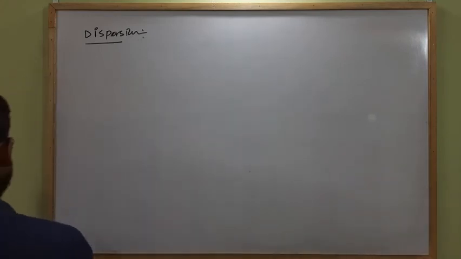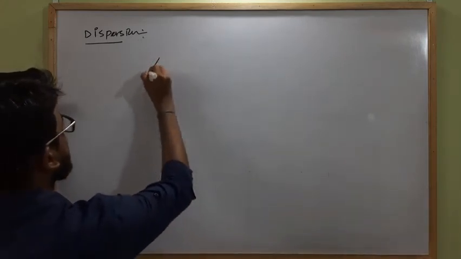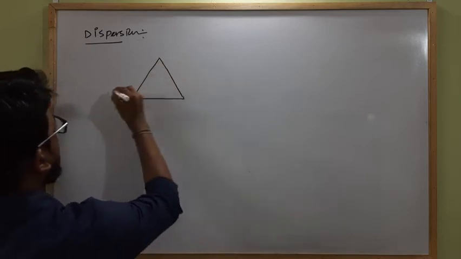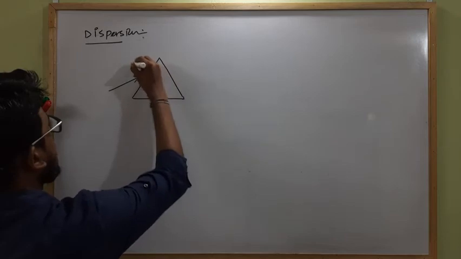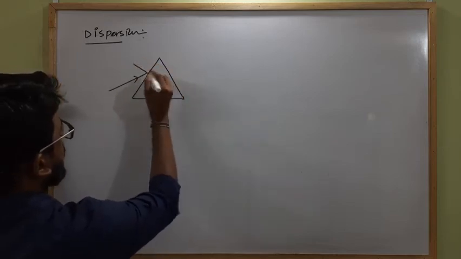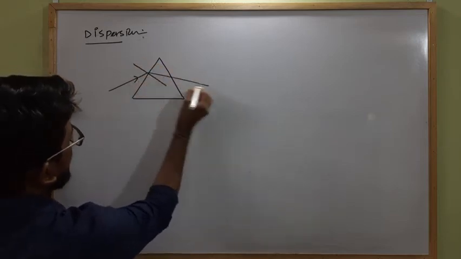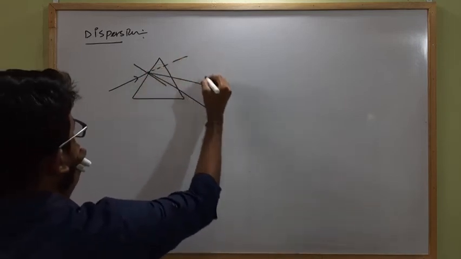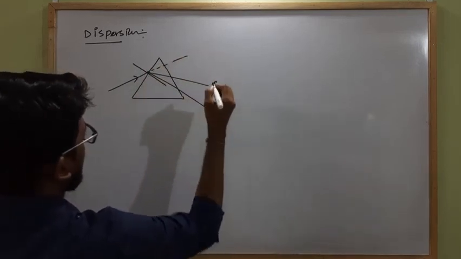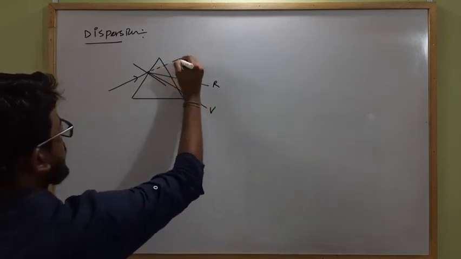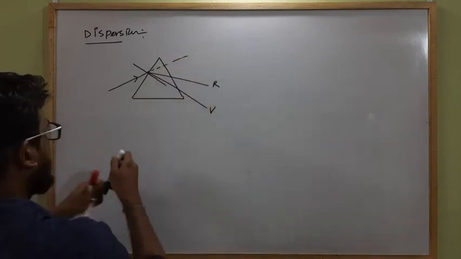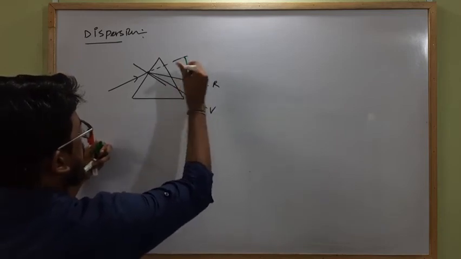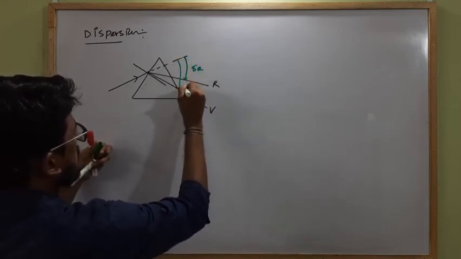As we already studied, if here is a prism and a white light ray is incident at this place, after refraction through the prism it will deviate along different directions. This should be the red ray, this should be the violet ray. So the angle of deviation for red will be this much, and for violet will be this much.